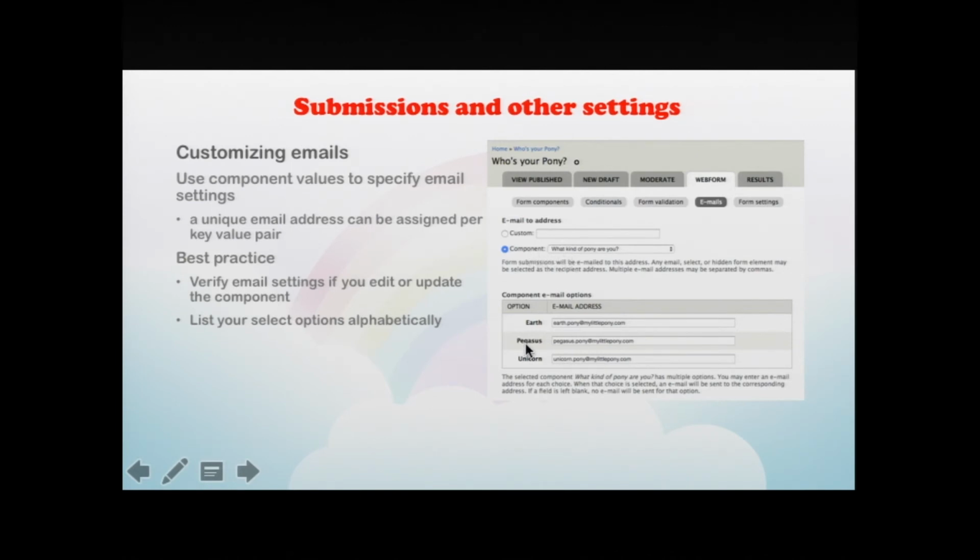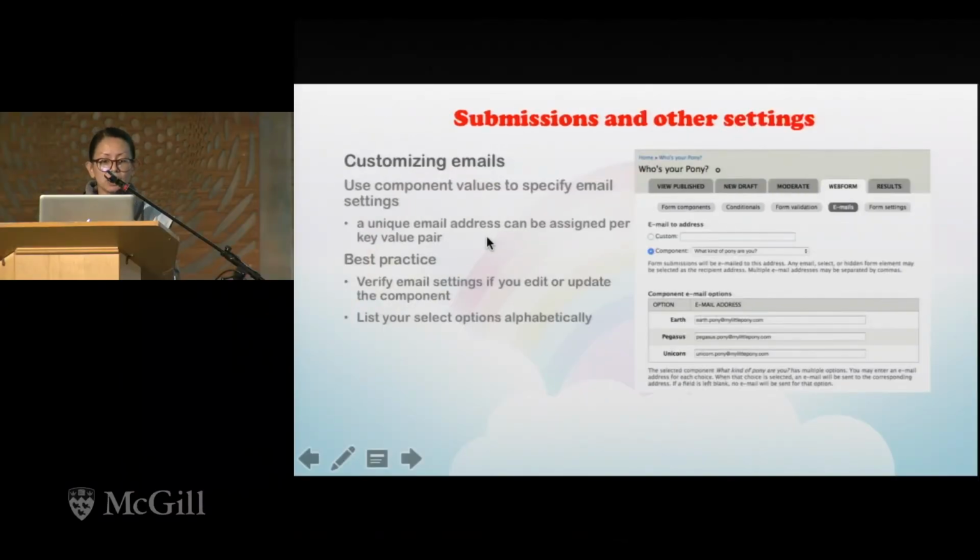And if they answered Earth Pony, their submission would be sent to earth.pony@mylittlepony.com. If they answered Pegasus, they would be sent to pegasus.pony@mylittlepony.com, and so on and so forth. Now, this just means that you can use component values to specify your email settings and that a unique email address can be assigned per option or key value pair.